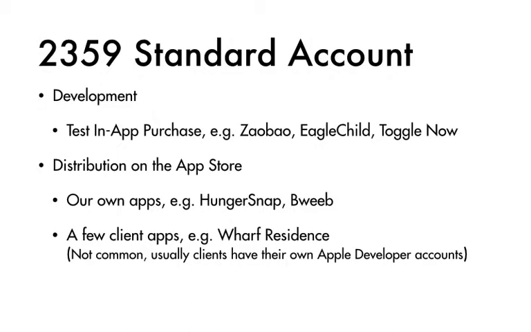Okay. In each of the accounts, we have several roles. First one is the team agent. The team agent has the primary responsibility for the account. Each account has only one team agent, and we have a few admins.